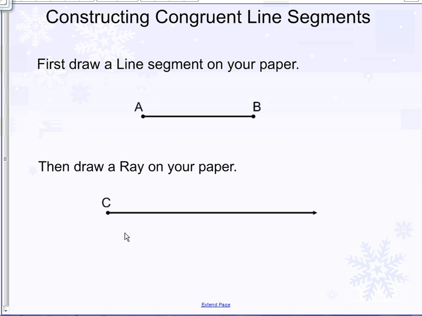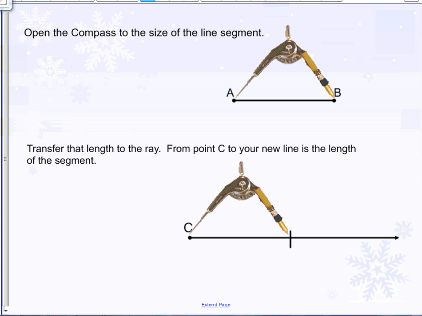The next step, the first step you're going to do in order to duplicate, is draw a ray on your paper. Now, the clue about this ray is that it needs to be longer than the segment appears. The next step is to open the compass to the size of the line segment.